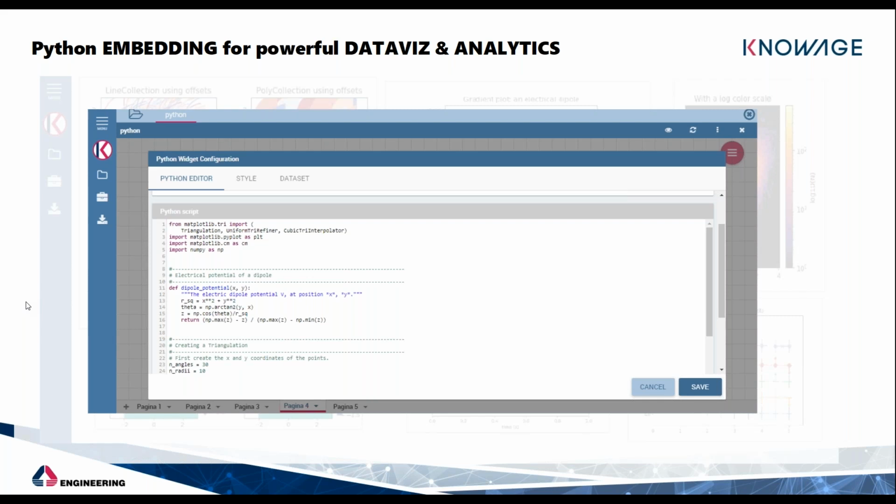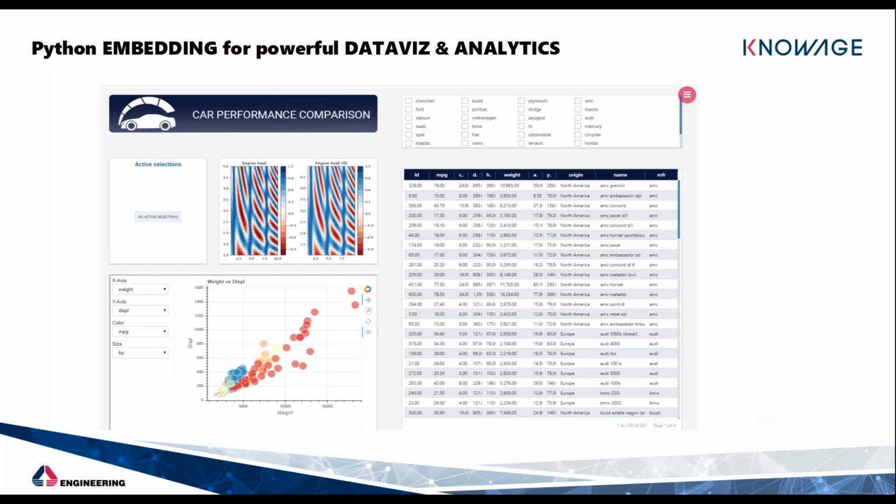By doing this, programmers or data scientists can directly insert into Knowage the scripts that create their own customized visualization. And they can exploit the wide range of tools and libraries that, for instance, Python makes available. This is one example of an advanced cockpit that you can create inside Knowage by using, among other tools, also Python.